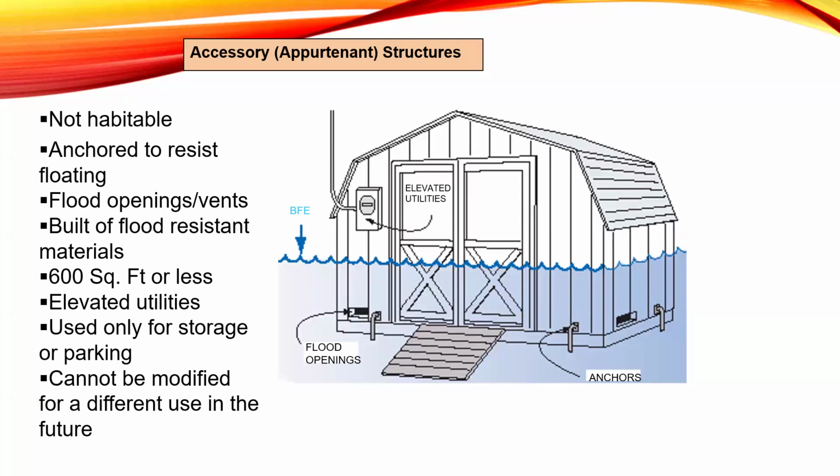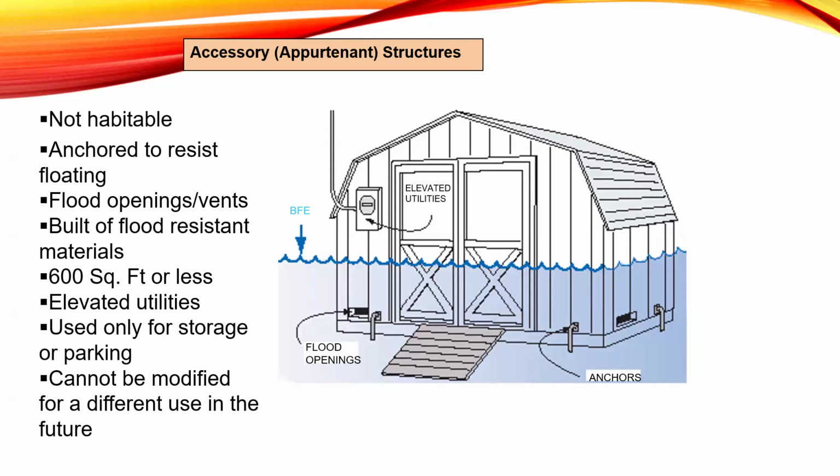The size is another bigger issue that we see. They're often quite a bit larger than 600 square feet. So just something to be aware of, and watch out in your floodplain, just looking for these sheds because they tend to pop up pretty frequently.